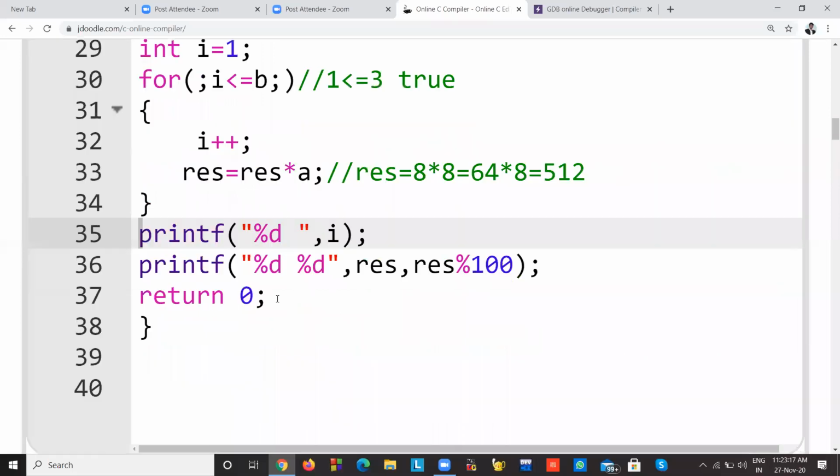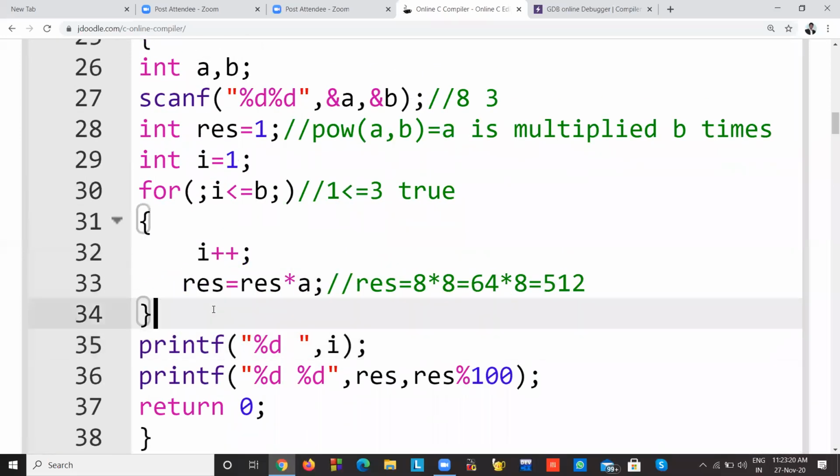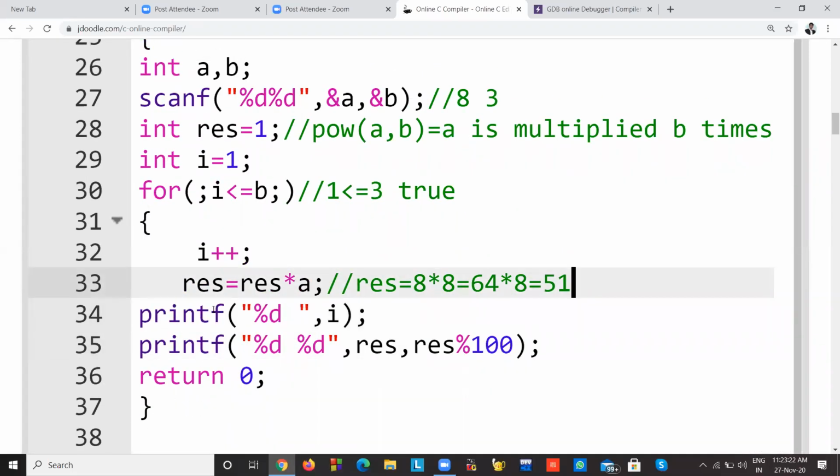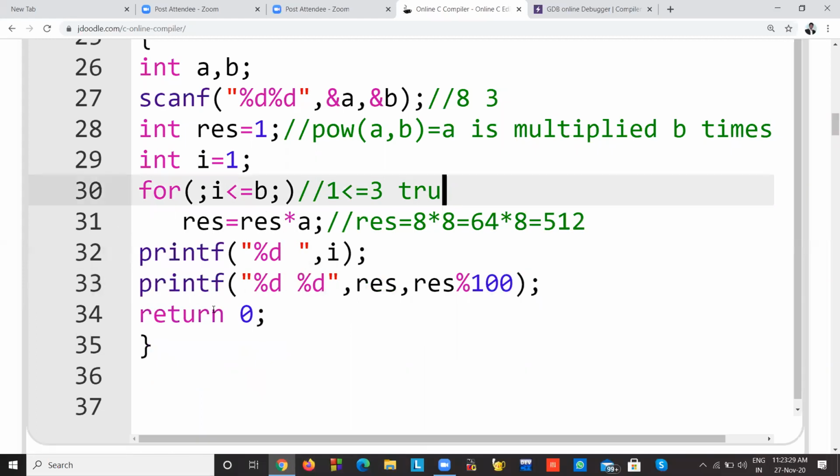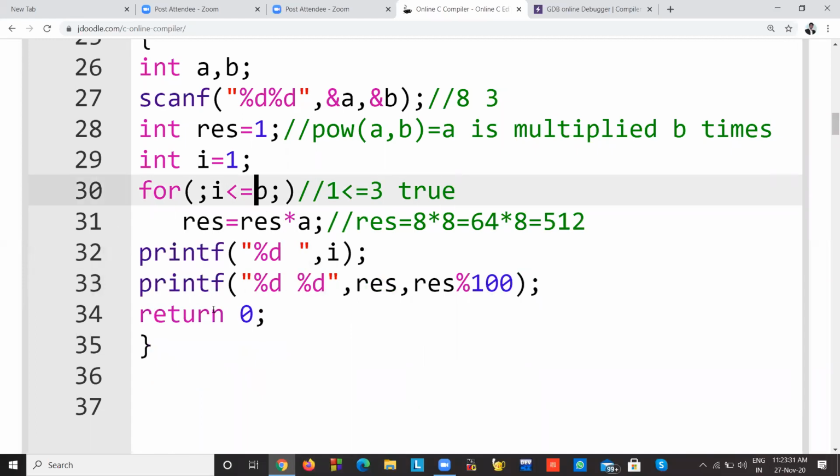Okay, అలా కాకుండా, I'll write another variation here. I'll remove this here. ఇలా పెడతాను మనం. So now I plus plus less than or equal to b రాశాను నేను.